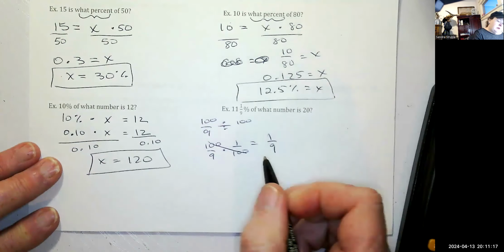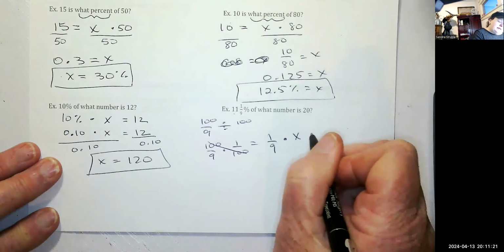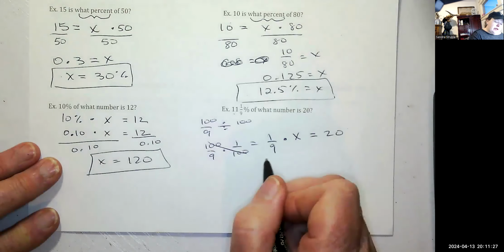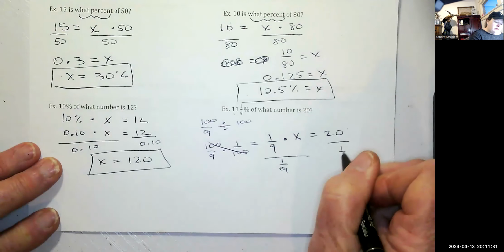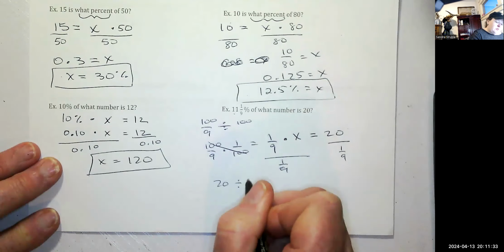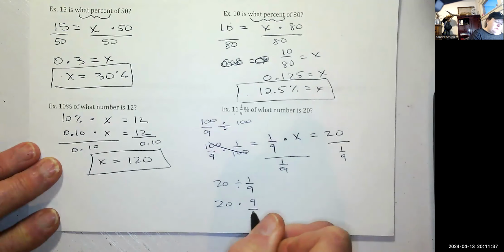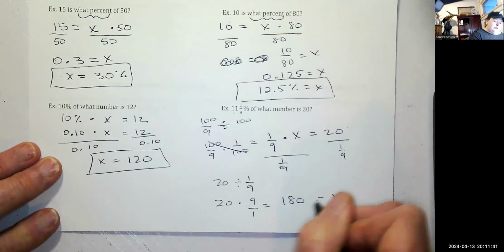Okay, now I can work the problem. 1/9 of what number is 20? To get rid of the 1/9, I have to divide both sides by 1/9. 20 divided by 1/9 is keep, switch, flip. So that's 180. X is equal to 180.